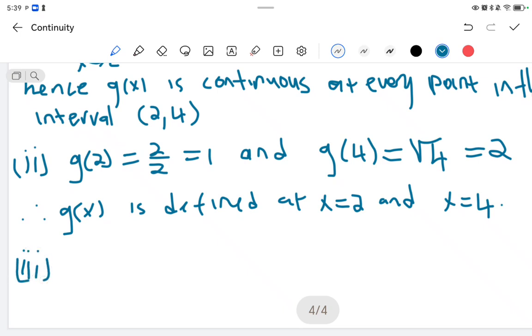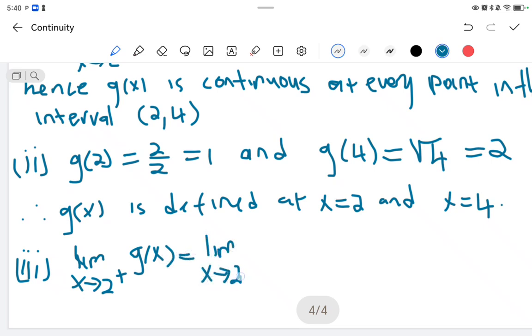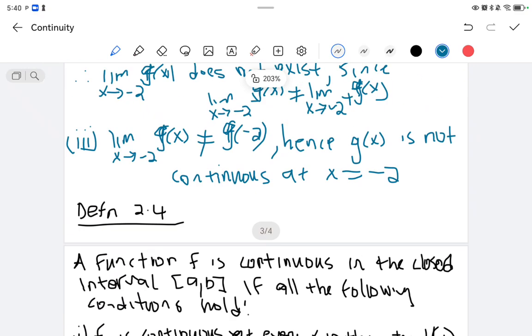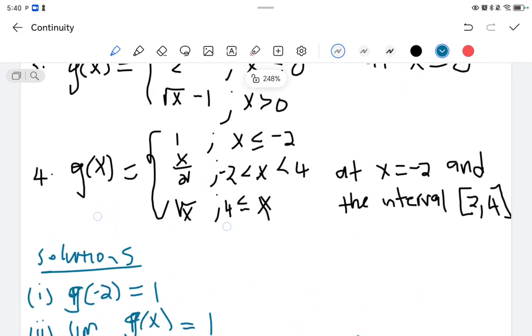For the right-hand limit, we're just going to check the limit as x approaches 2 from the positive side of g of x. We're going to check which function applies where x is greater than 2.